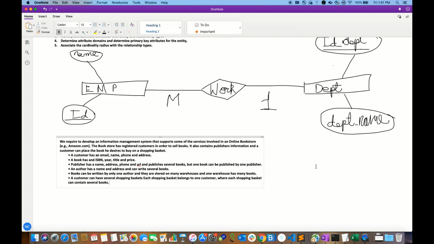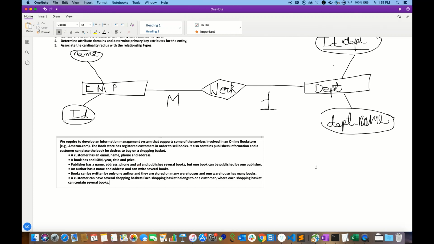A customer has an email, name, phone and address. A book has an ISBN, year, title and price. A publisher has a name, address, phone and URL and publishes several books, but one book can be published by only one publisher.